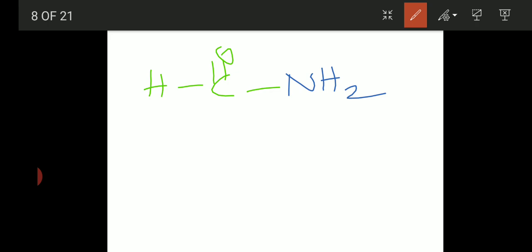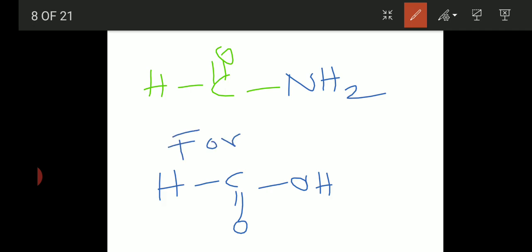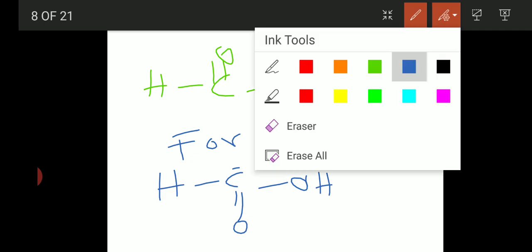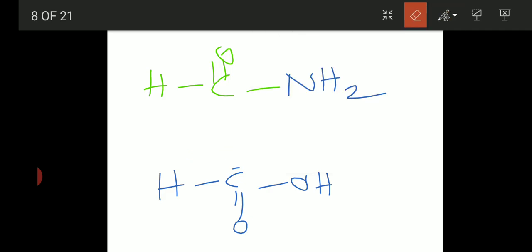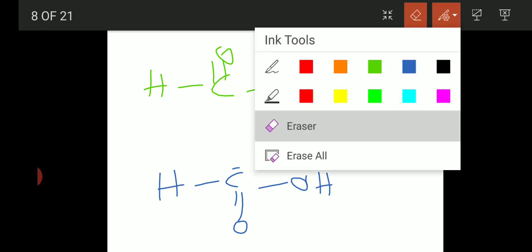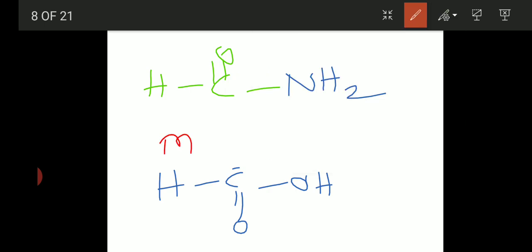If HCOOH was present, what was its name? The carboxylic acid with 1 carbon, HCOOH, is formic acid. The IUPAC name for one carbon is methanoic acid. So we have to write the IUPAC name methanoic acid.